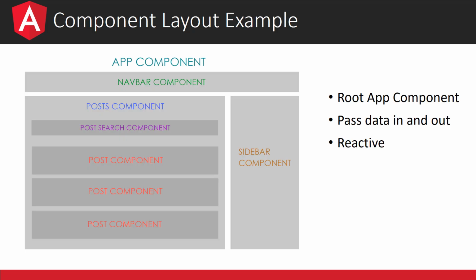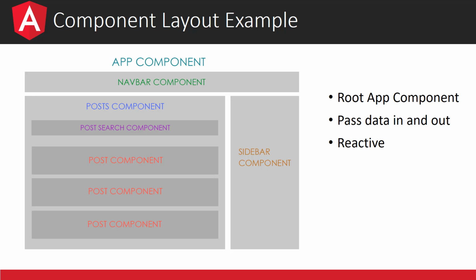So here's an example of what a very simple website or application may look like and how we could break things up into components. Now, most Angular applications will have something called a root app component, and all of the components that we create will be nested inside of that root component. If we look at this image, we have a navbar and a sidebar component.